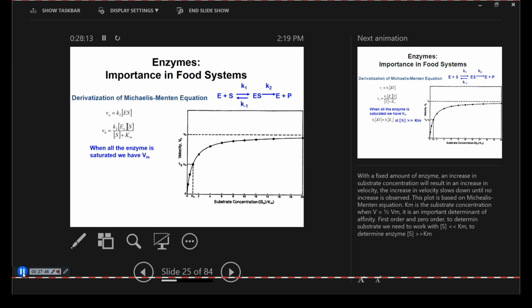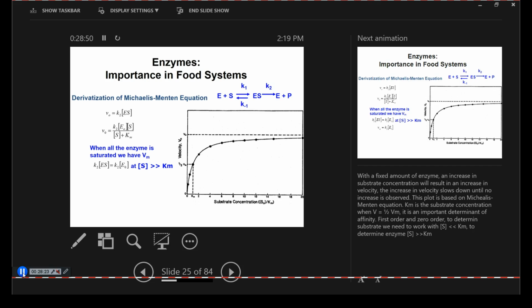When all the enzyme is saturated, we have Vmax, right? So at Vmax, this is the equation for V0, initial velocity at any concentration of the substrate. But when we have substrate saturating the enzyme, we have Vmax. So when we have Vmax at concentrations much greater than Km, all of the enzyme here is saturated with substrate.